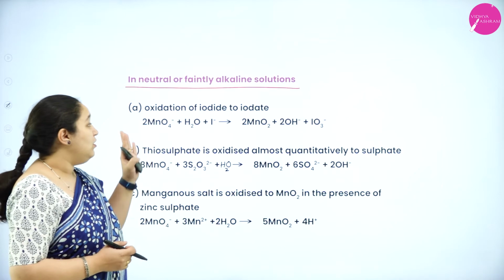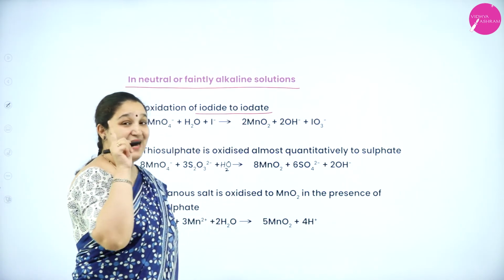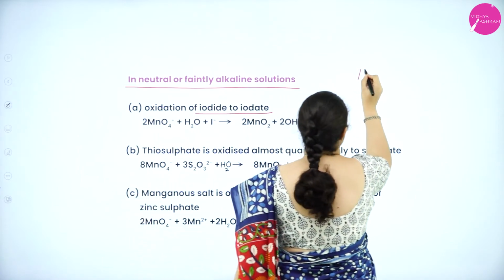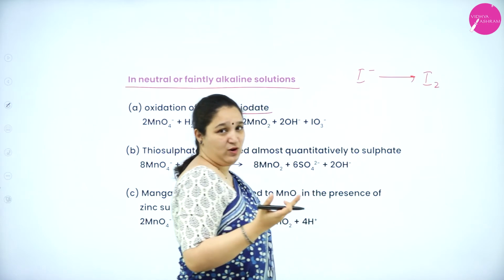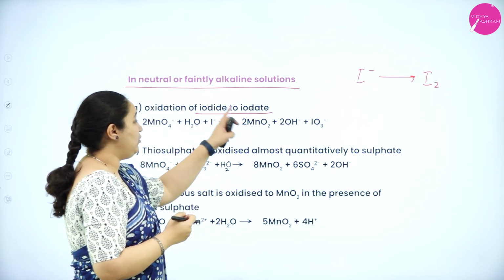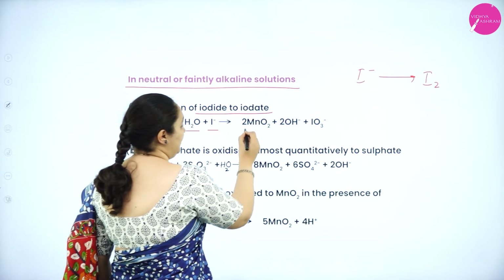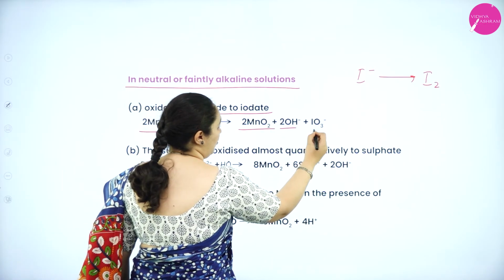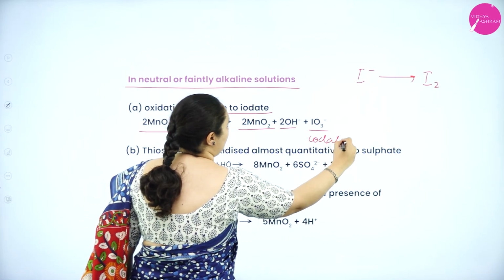Okay, so first one you see oxidation of iodide to iodate, but in acidic medium what we learned? It is I minus to give I2, iodide to iodine we got. Here it is iodide to iodate. You can see MnO4 minus with water, iodide getting converted to MnO2, OH minus and iodate, that is, IO3 minus.